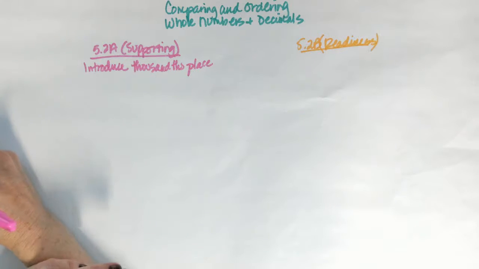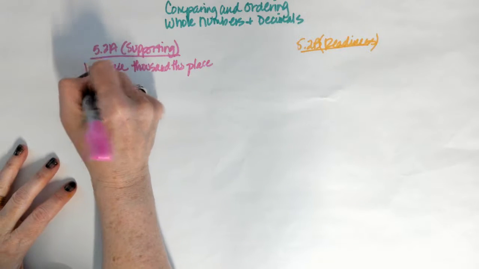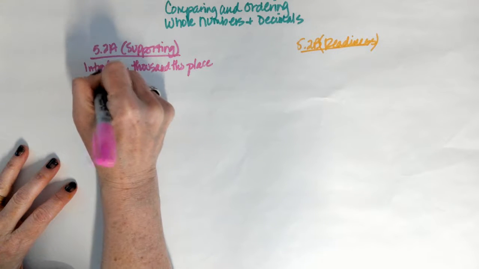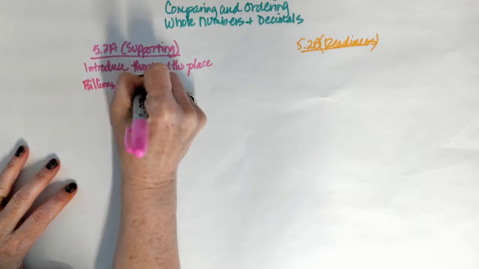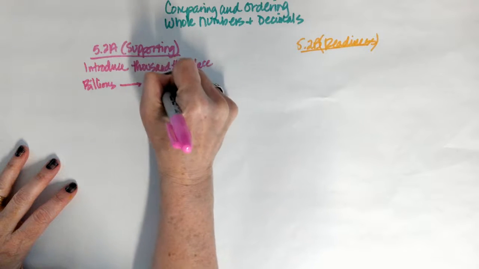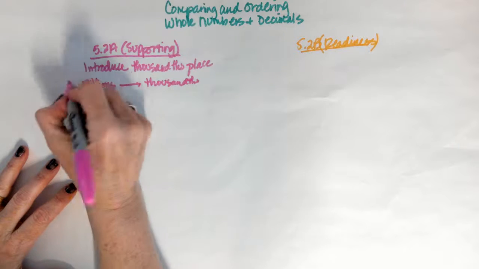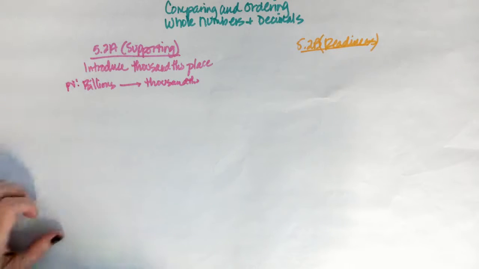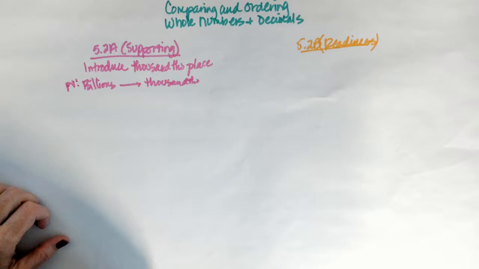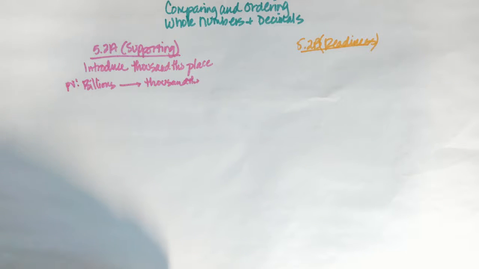So for your understanding, in 5th grade, we work with place values from the billions all the way down to the thousandths. Those are the place values we work with. Now, that means that could be some really, really big numbers. So when we're working with these, we need a way to organize our work.